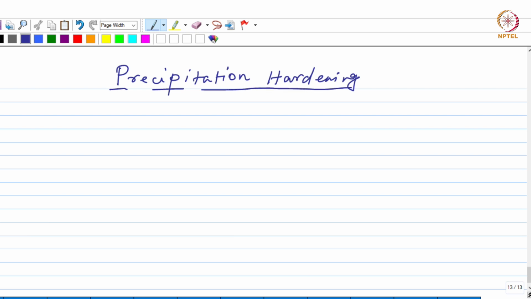In the previous class, we talked about the basics of this particular phenomenon, and then we have also seen the three steps which are involved in precipitation hardening.